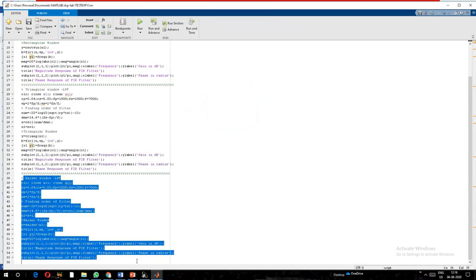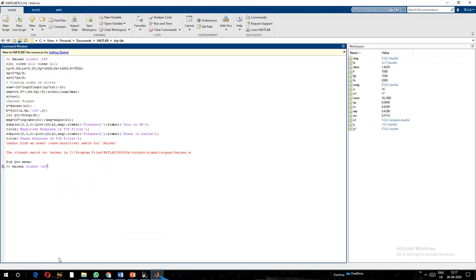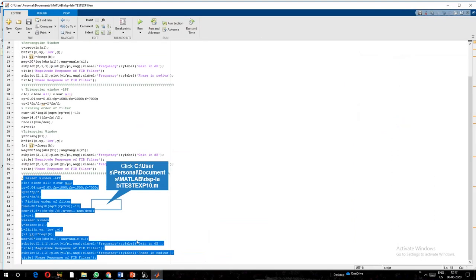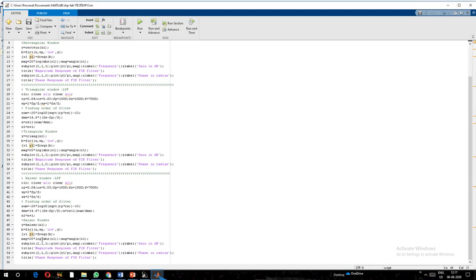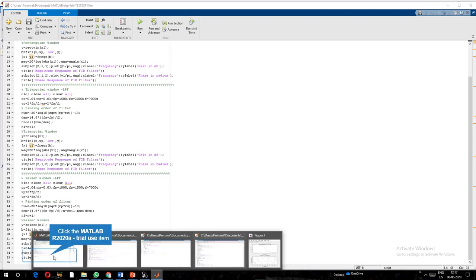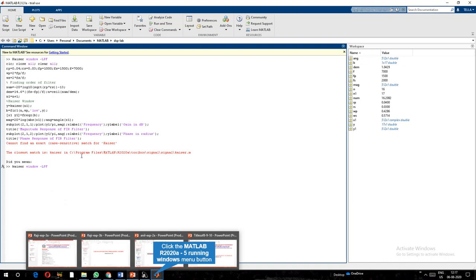Like that, if we want to run the program for the last one, some error is there. Let us check that error. It is case sensitive. We have given a capital letter for Kaiser, and it is unable to identify this command.